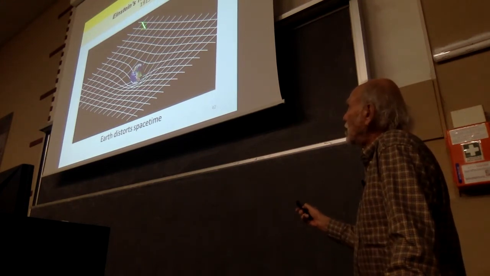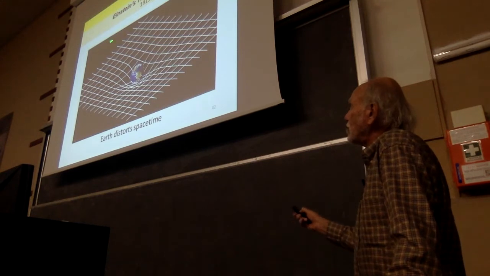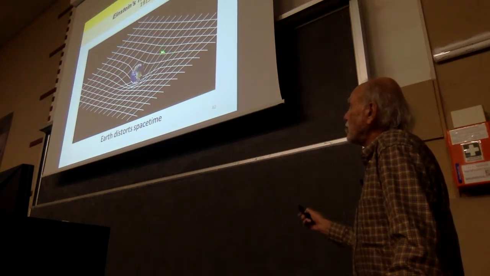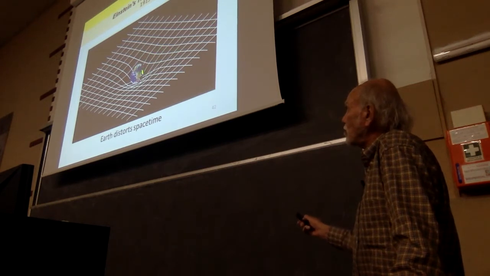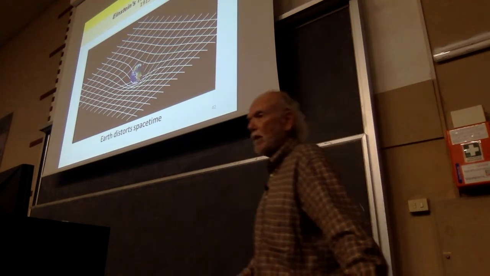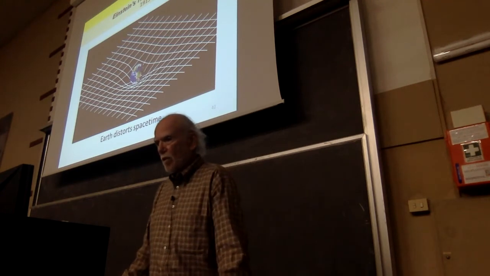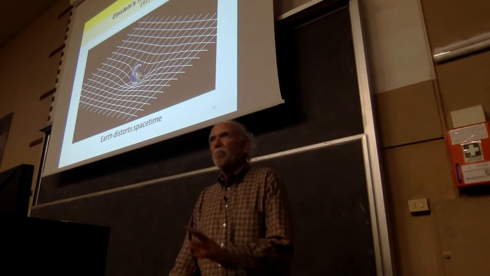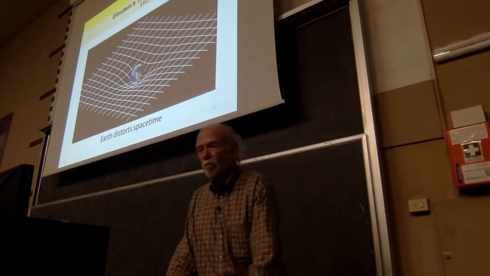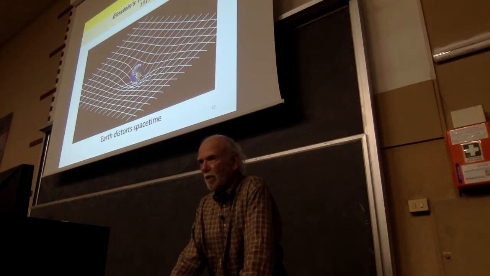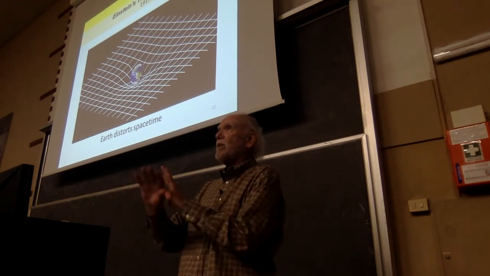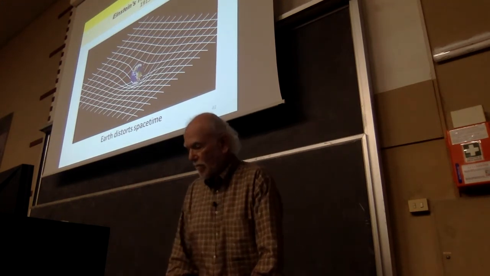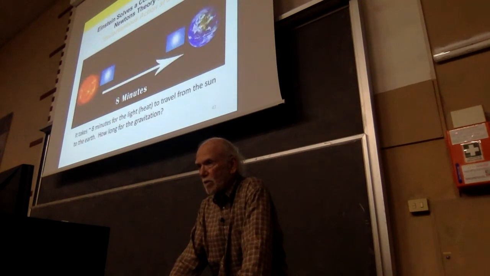Also, the moon going around the Earth has a centripetal force pushing it out, but the gravitational force pulls it in, and so you can describe the orbit. So it's hard to do this pictorially, but crudely, that's the picture we have with Einstein's theory of gravity. Instead of having a force between two things, we have a distortion of the space that the objects go through.